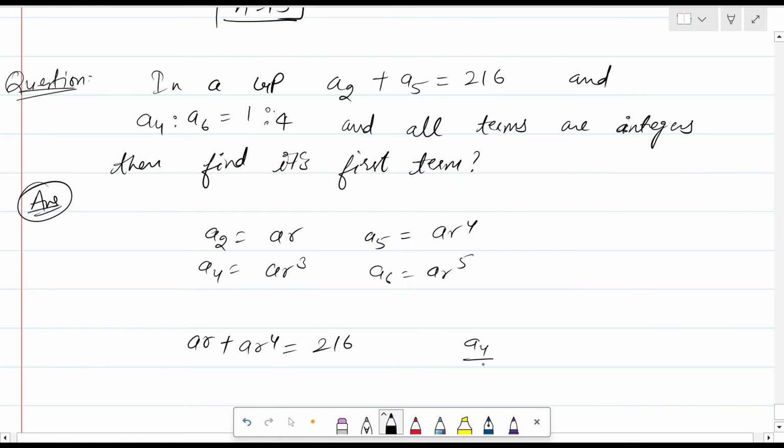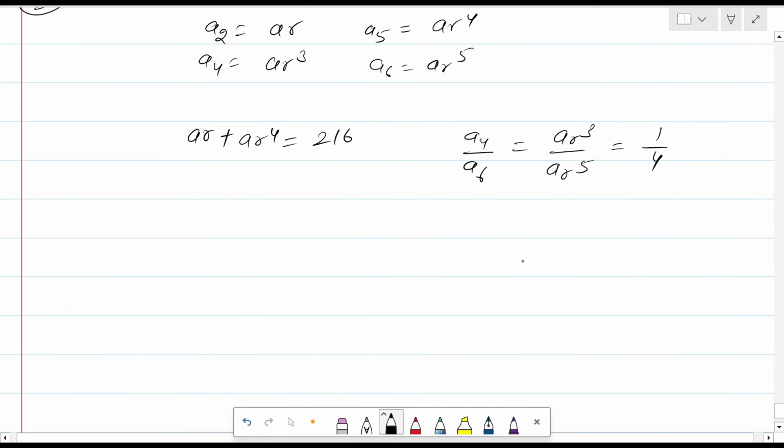Now A4 upon A6, AR^3 upon AR^5, is 1 by 4. So by this equation, cancelling A to A, we get 1 upon R square equals 1 by 4. So R is equal to plus minus 2.